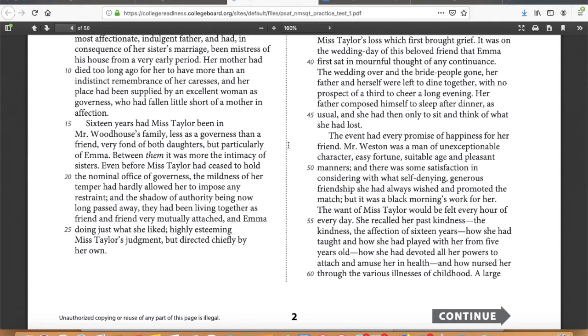Between them, it was more the intimacy of sisters. What does intimacy mean, Caden? Relationship. What kind of relationship? If you have an intimate relationship with someone, what's that mean? I don't know how to word it. You can look it up. Look up intimacy. Intimacy definition.